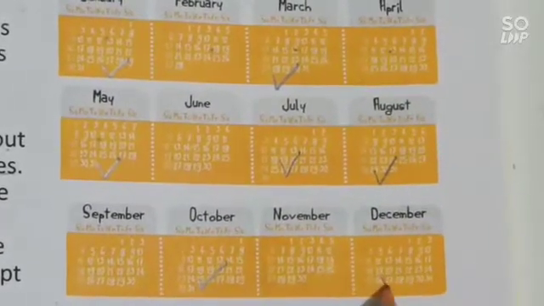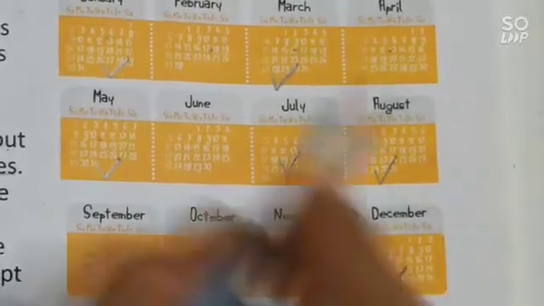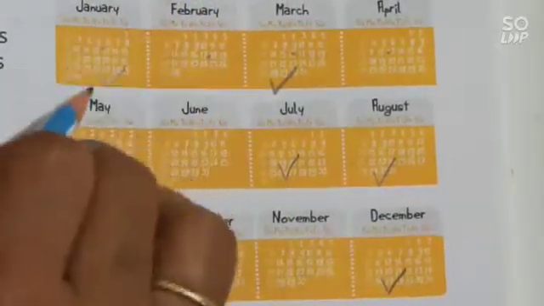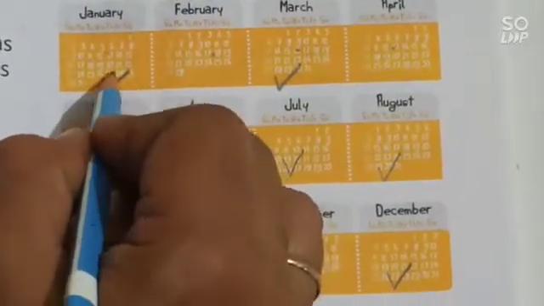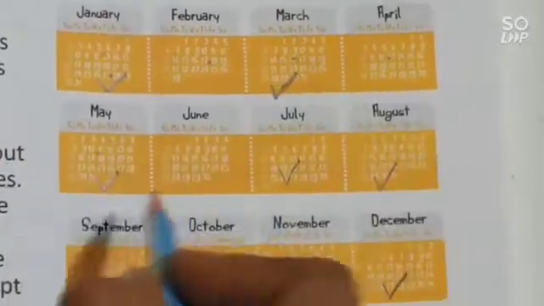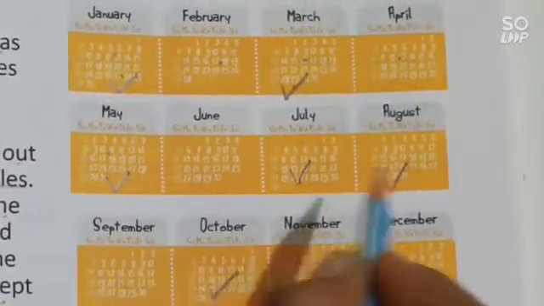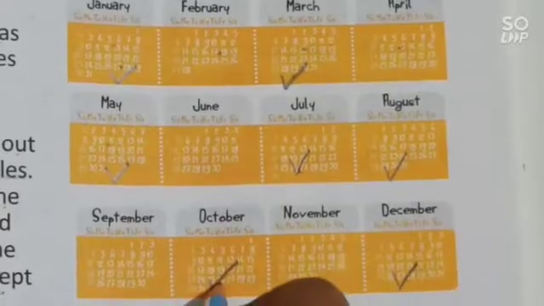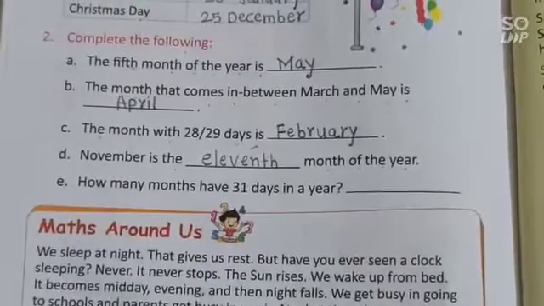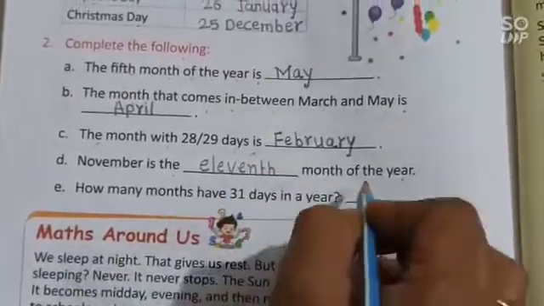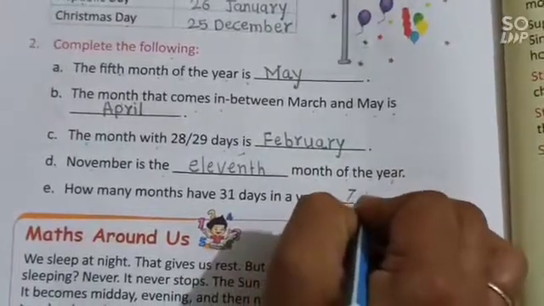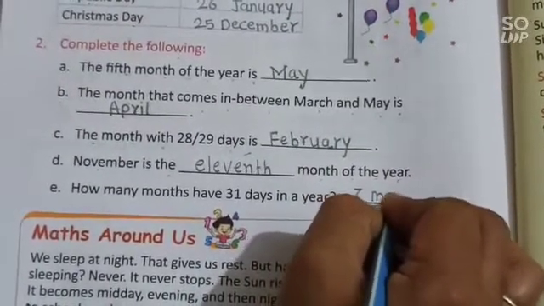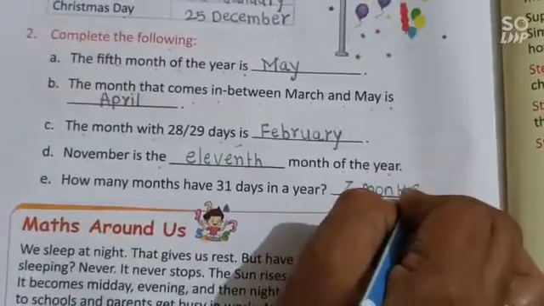And December, 31 days. How many months have 31 days? 1, 2, 3, 4, 5, 6 and 7. So, 7 months have 31 days in a year.